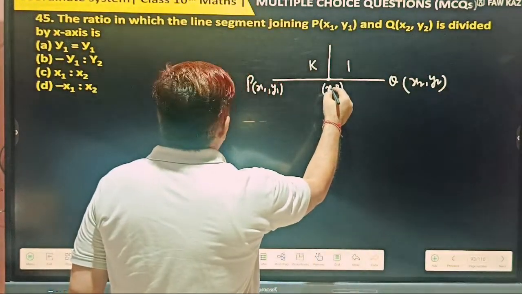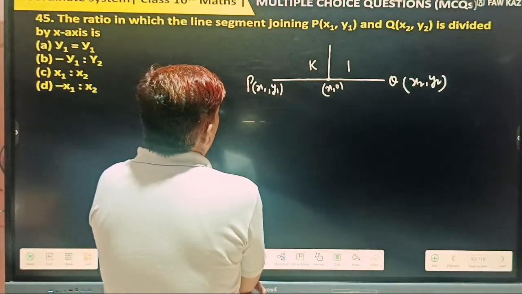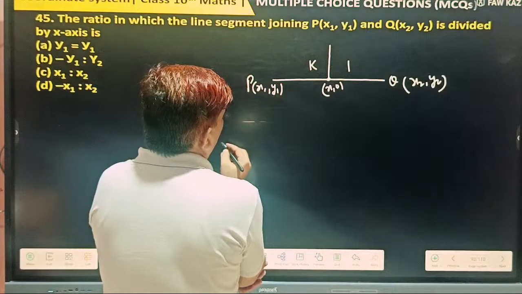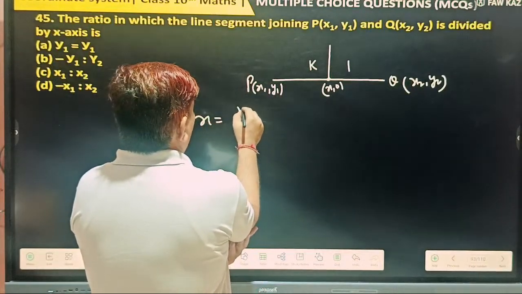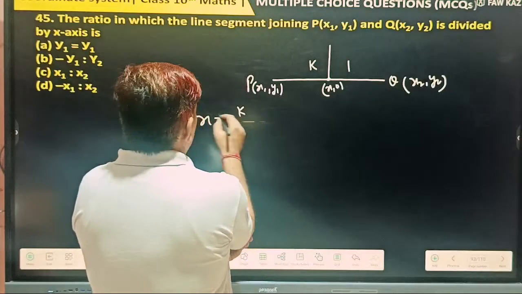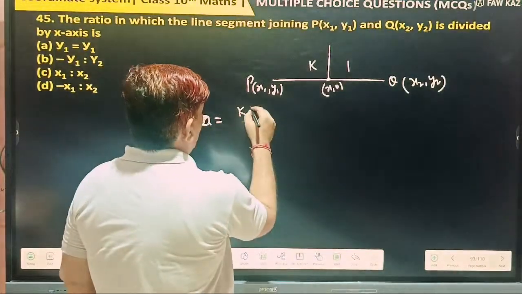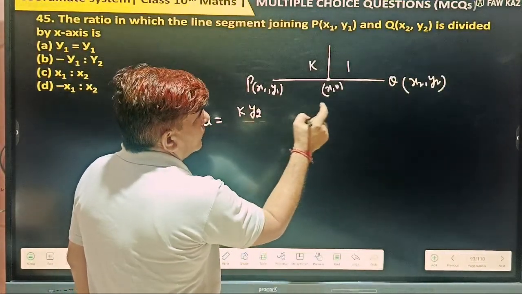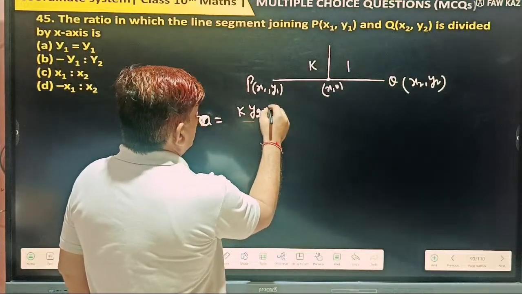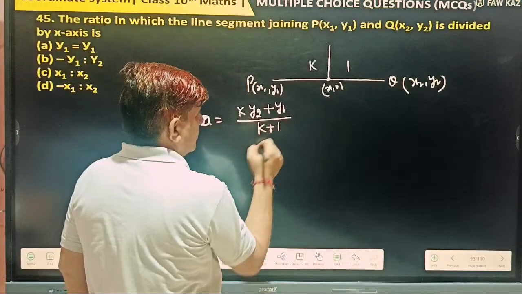First, its one coordinate is 0. So find out k. This 0 we are finding out: 0 equal to (k y2 plus y1) divided by (k plus 1).